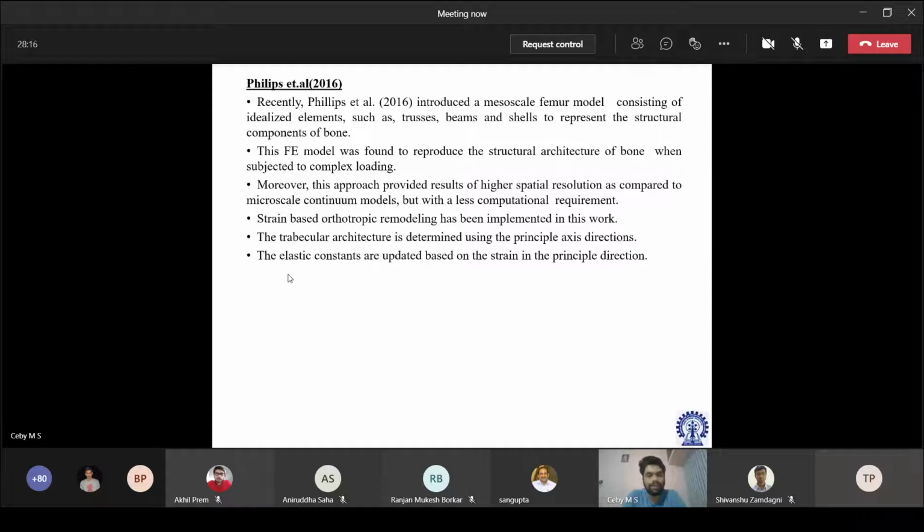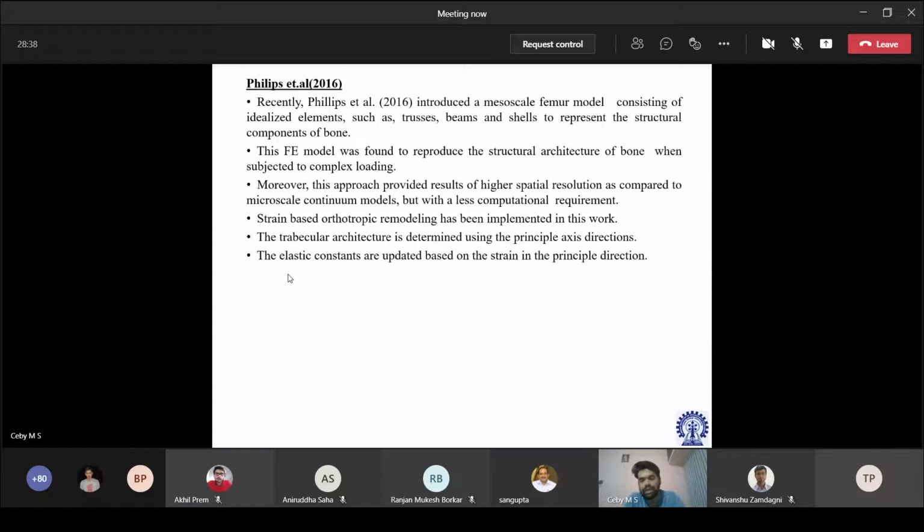That's why it is mentioned that the trabecular architecture is determined using the principal axis direction. It's basically finding the principal axis direction, and in that direction we vary the Young's modulus based upon the remodeling technique. Here I have mentioned the elastic constants are updated based on the strain in the principal direction. So the remodeling stimulus is strain.